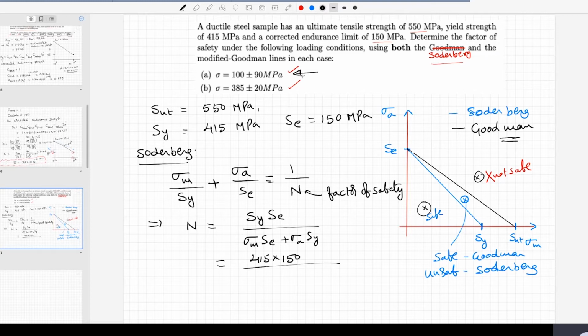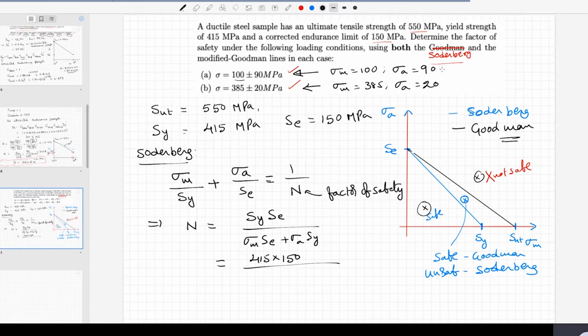So for loading state 1, sigma is 100 plus or minus 90 MPa. That means sigma mean is 100 and stress amplitude is 90. Right? For the second state, sigma mean is 385 and stress amplitude is 220.